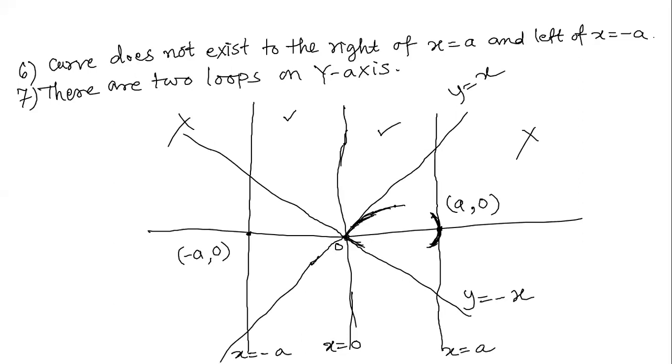So it will be like this. So the loop will be like this. And the curve is symmetric about y-axis. So remaining it will be, so you must have understood by this that my drawing is absolutely very ordinary.